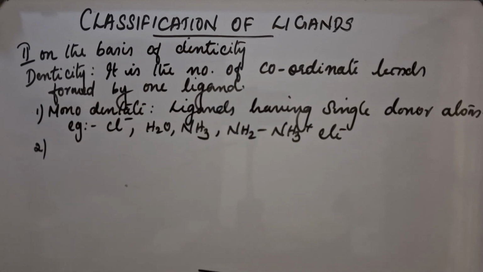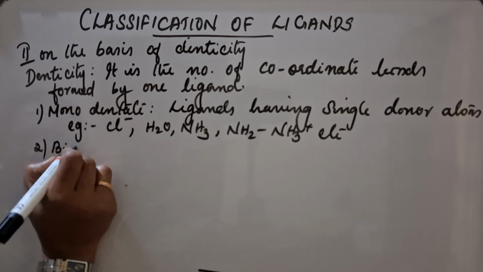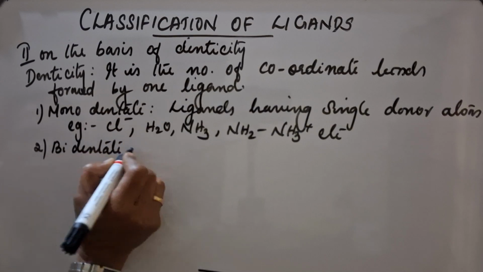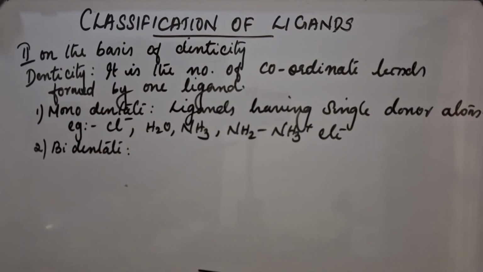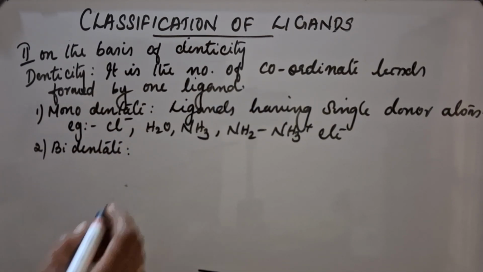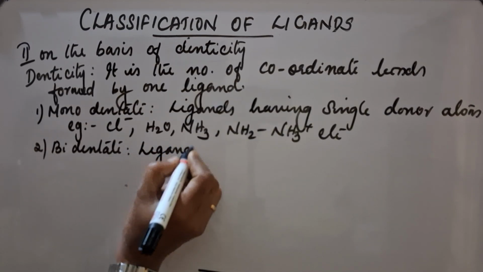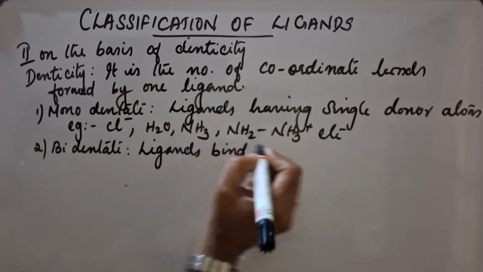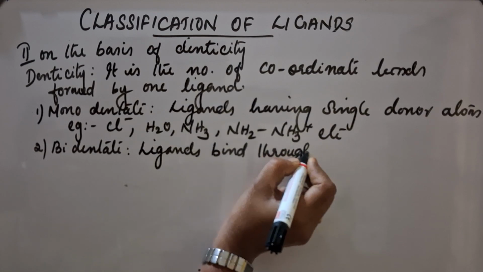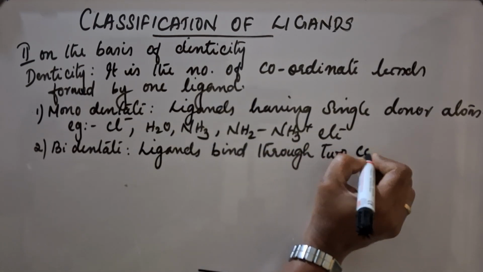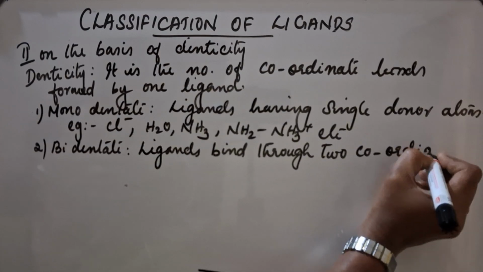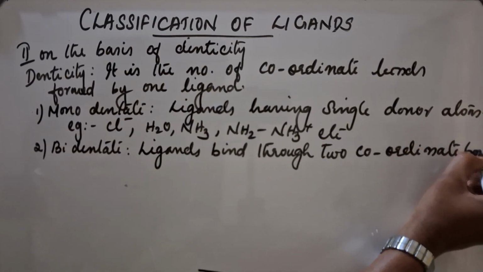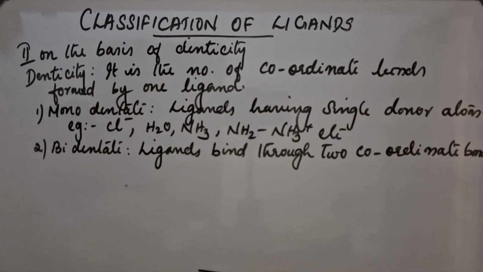The second is bidentate. What are bidentate ligands? In this case, ligands bind through two coordinate bonds by the same atom, that is, the same atom simultaneously forms coordinate bonds with the central metal atom.